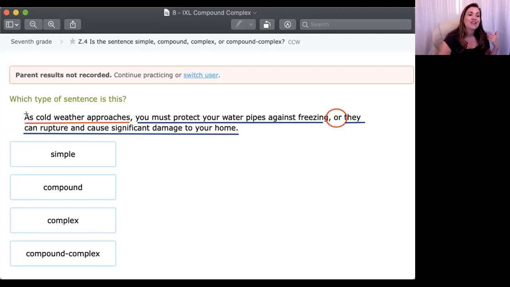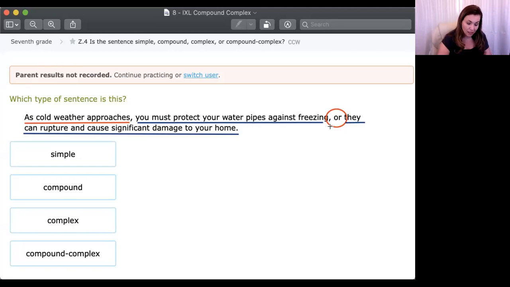So this is going to be our second sentence frame, an example of that. As cold weather approaches, that is our dependent clause formed by the subordinating conjunction as, comma, now we have an independent clause: you must protect your water pipes against freezing.